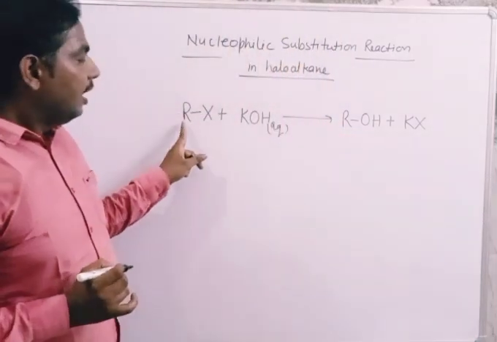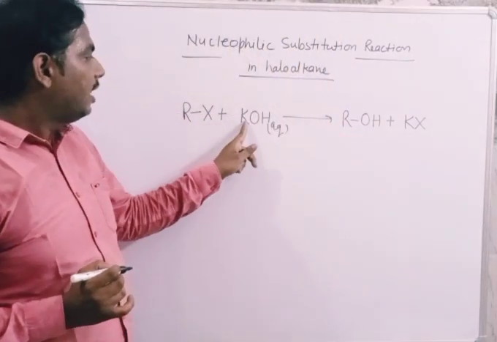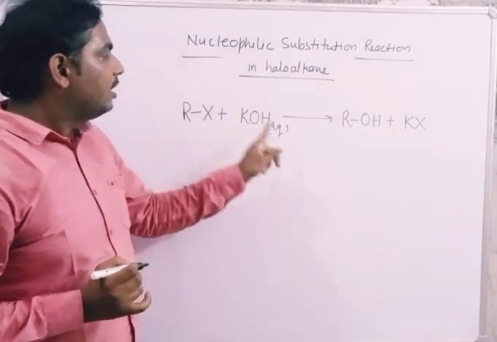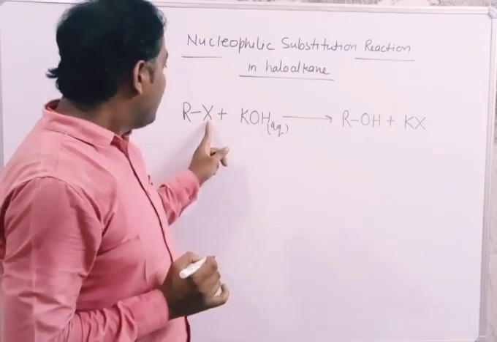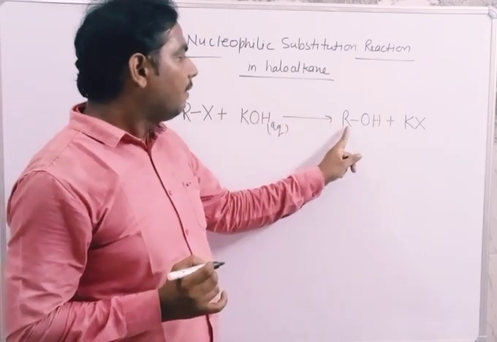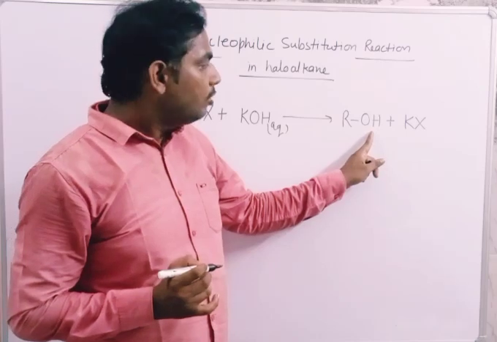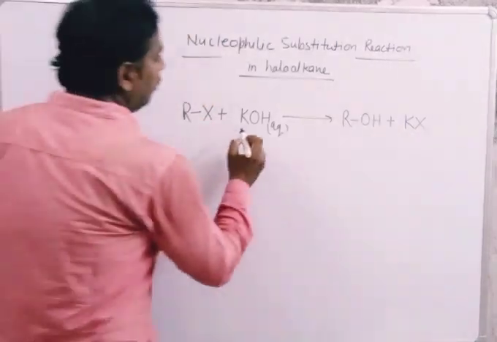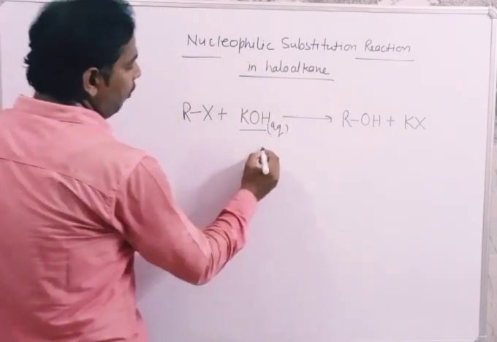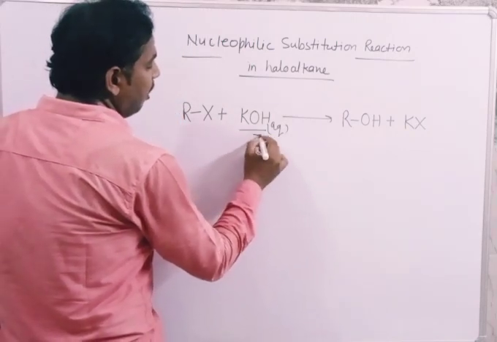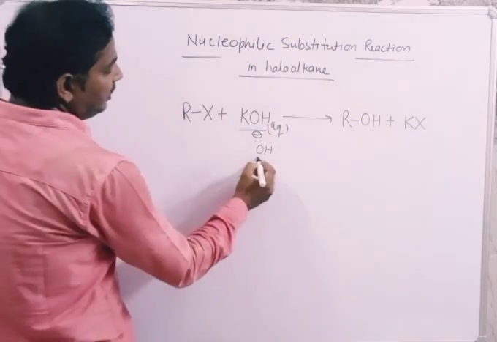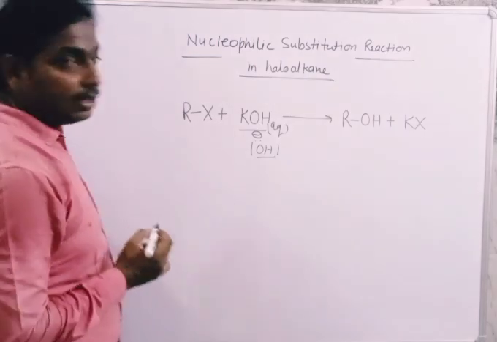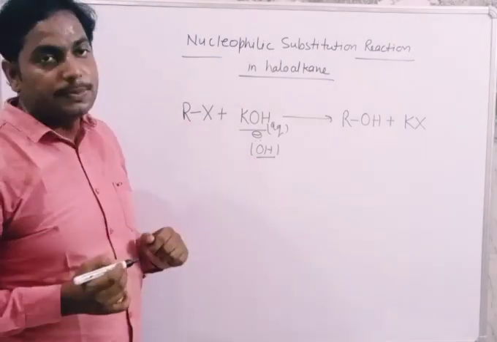So when KOH in aqueous medium reacts with RX, it displaces X by OH, and ROH is formed along with KX. In the case of KOH, OH is the nucleophile, which is more reactive than X, so OH can displace X from there.